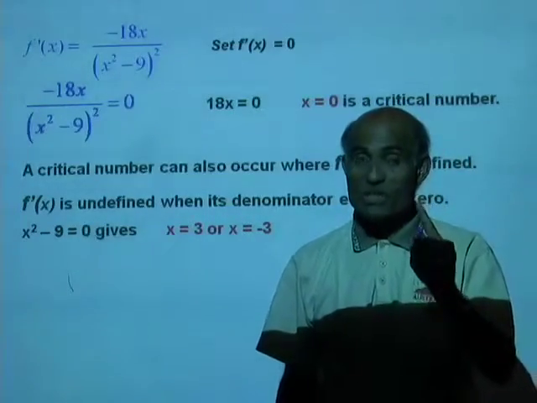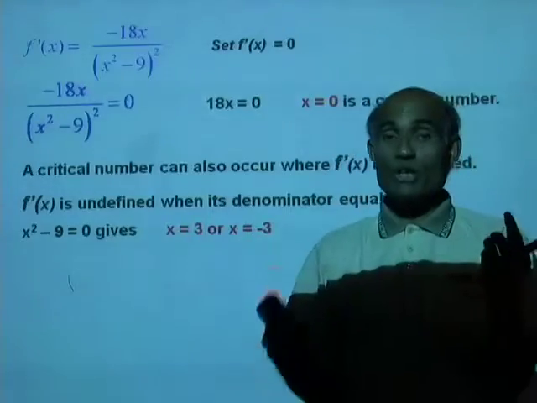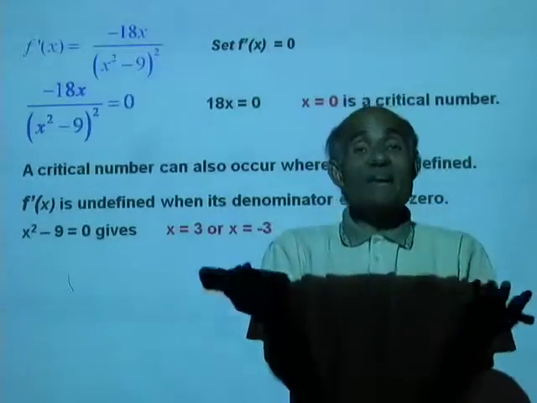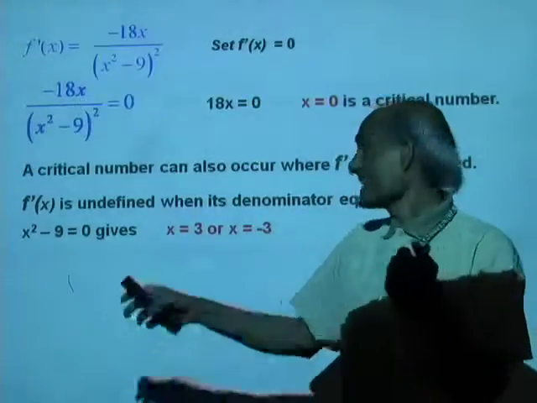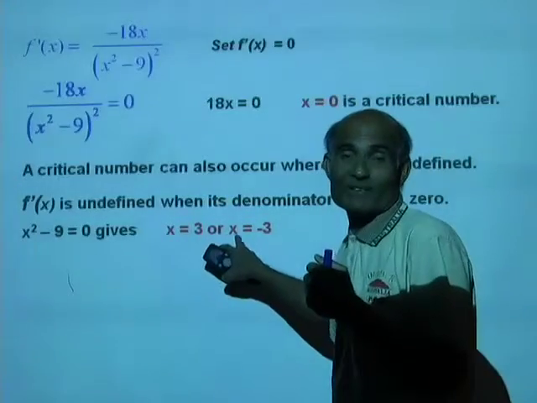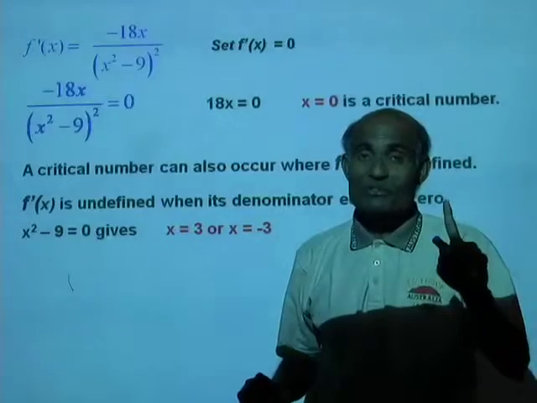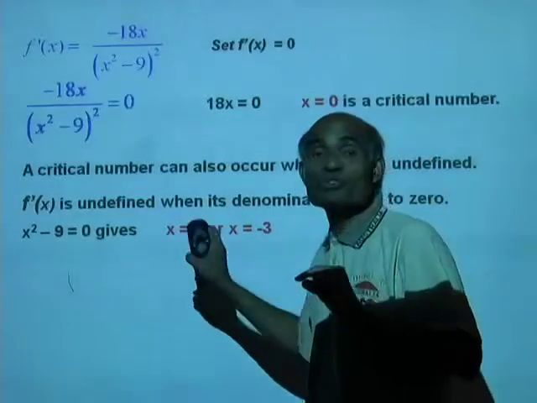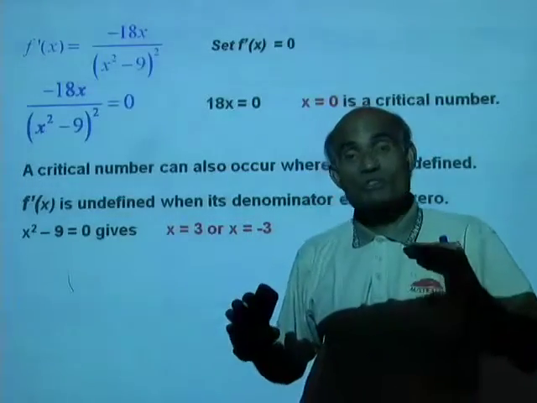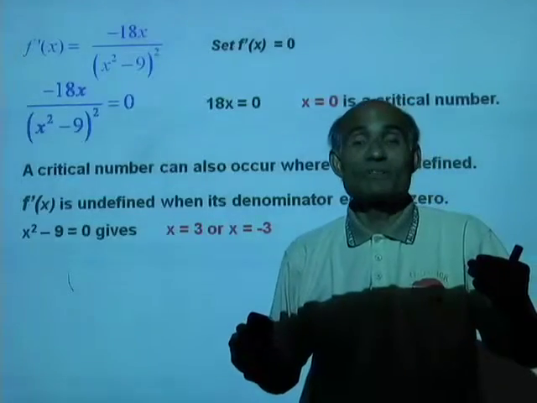But now watch my statement carefully. In order to understand the behavior of the function, we cannot ignore these numbers. Although they are not critical numbers, we need to use these numbers in order to study the behavior of the function.